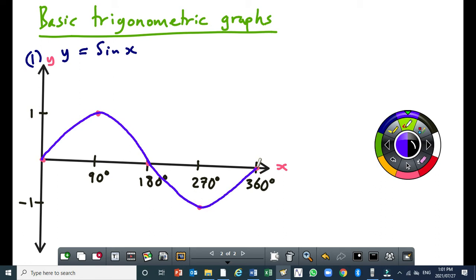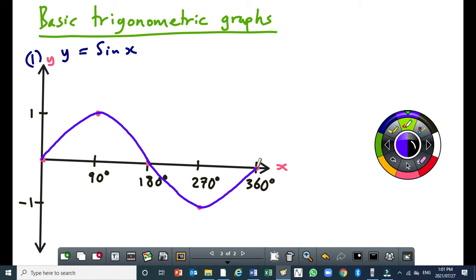That's the graph of y equal to sine x. Any graph of sine is going to originate from this one.